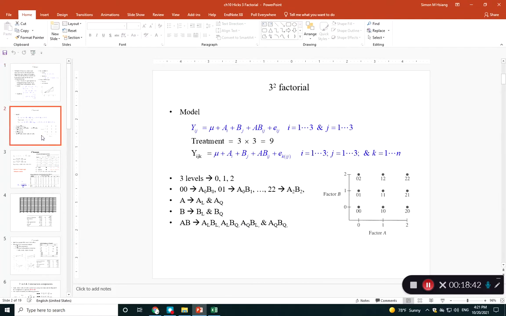Second, you have 9 data points, or 9 categories for computation, minus the overall average. Use 1 degree of freedom, you have 8 degrees of freedom. I can use those 8 degrees of freedom to represent linear, quadratic for A, linear, quadratic for B, and linear, quadratic, linear.